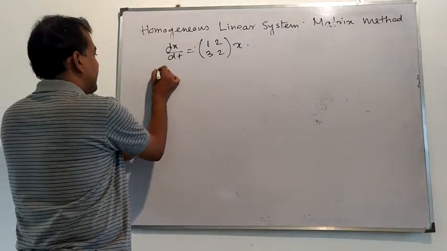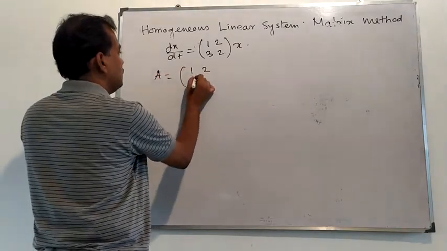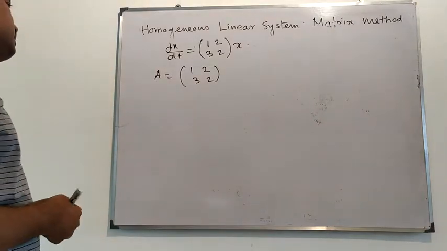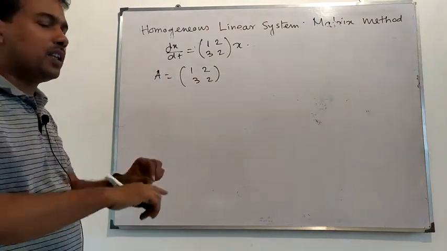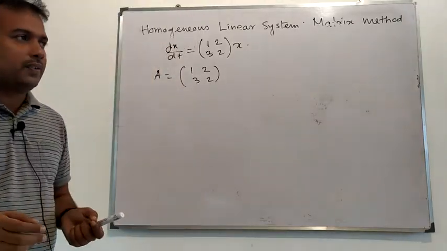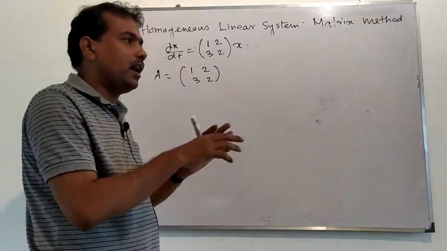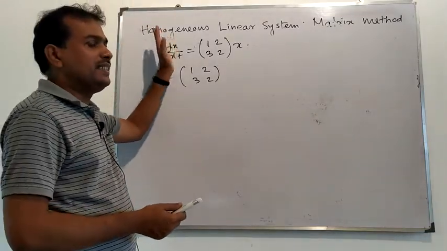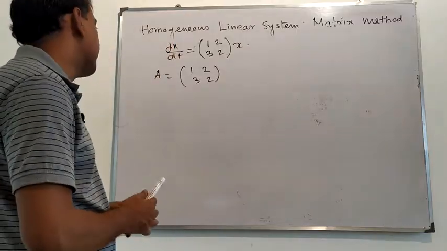Here matrix A is equal to (1, 2; 3, 2). Actually, we find two values of lambda and corresponding eigenvectors alpha dash, alpha double dash, and using the eigenvalues as well as eigenvectors, we find the general solution of this linear system.